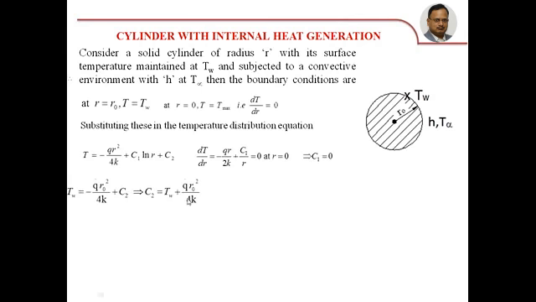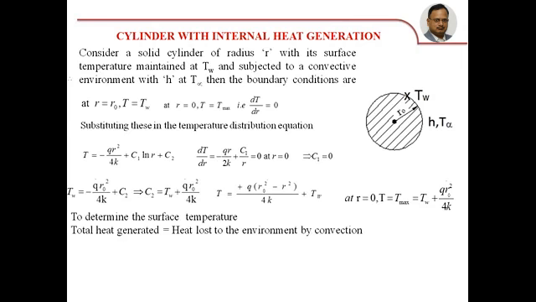So the value of C2 is TW plus Q dot R naught square by 4K, and hence you can now write the equation T equal to minus Q dot R square by 4K plus TW plus Q dot R naught square by 4K. And at R equal to 0, T equal to T maximum. So therefore, put R equal to 0, you will get T maximum is TW plus Q dot R naught square by 4K.